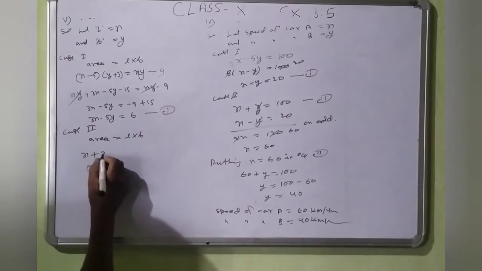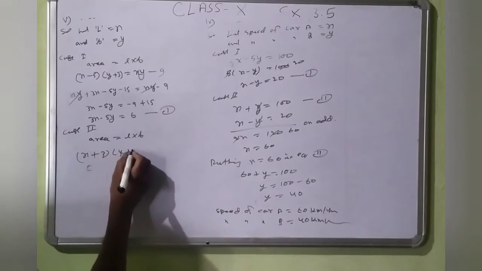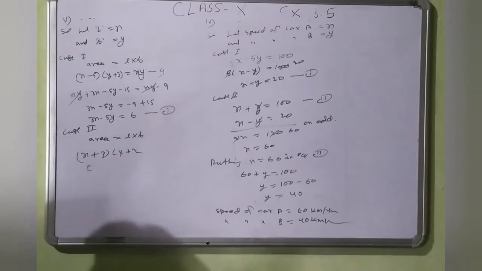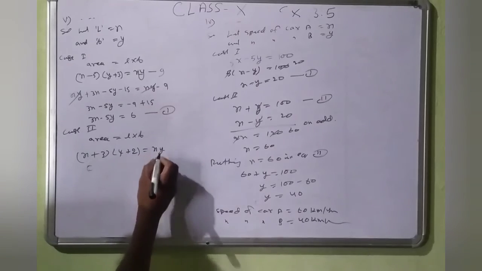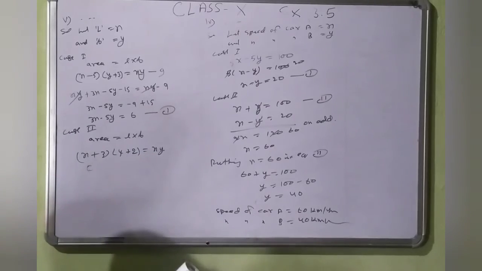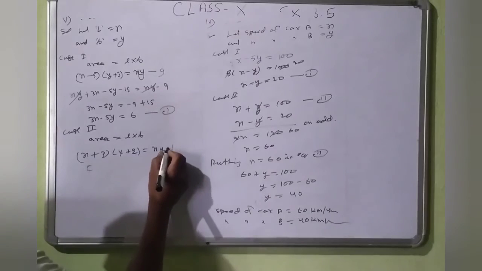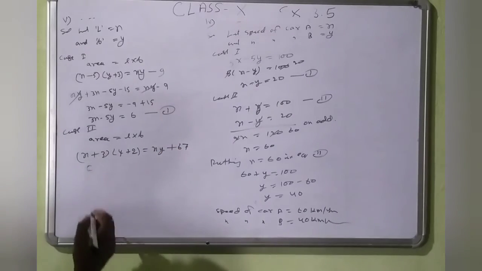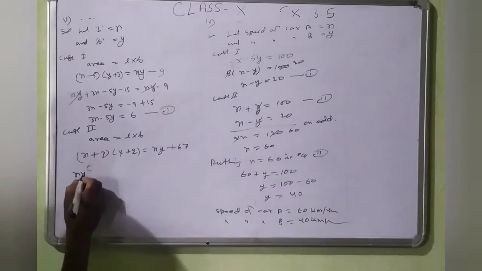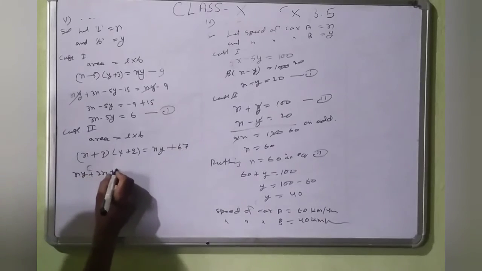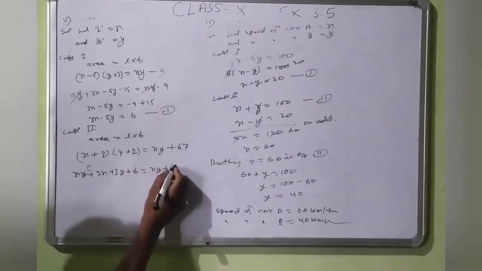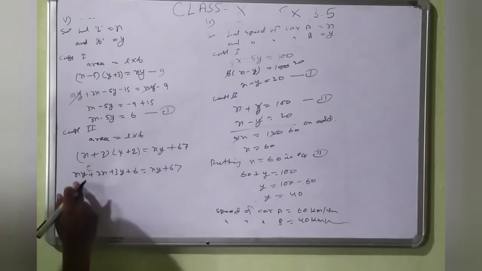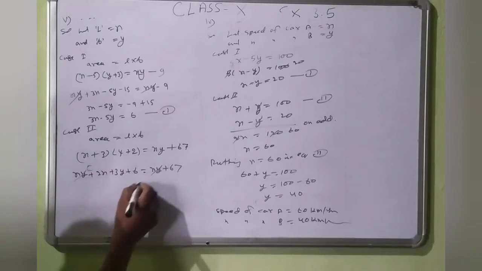So x plus 3, y plus 2 is equal to xy plus 67, as the area is also increasing by 67 units. Multiplying, xy plus 2x plus 3y plus 3 times 2 is 6 is equal to xy plus 67. xy is cancelled by xy.